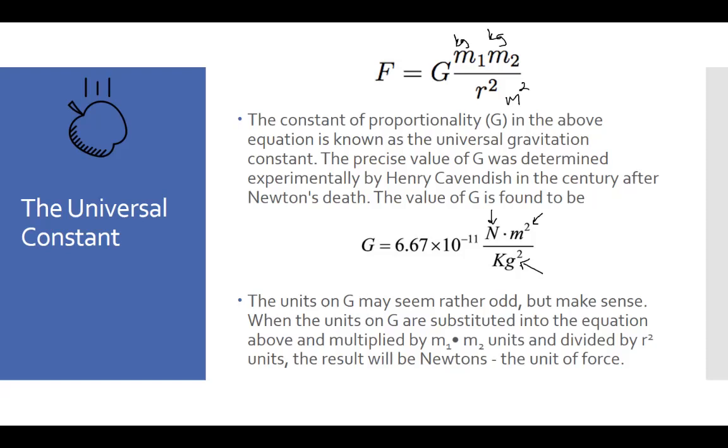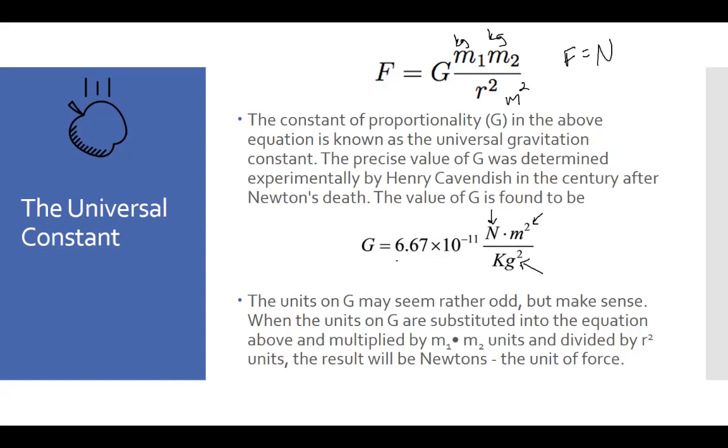So when we start trying to calculate this, if we're going to end up with a force, which we should know the unit is a Newton, we have to get rid of the kilograms and meters. And so our gravitational constant helps us to do this. So meter squared is on top, which is going to cancel with meter squared on bottom. Kilogram squared is on bottom, which is going to cancel out with kilograms squared on top, leaving us simply with newtons, which is the measure for a force.